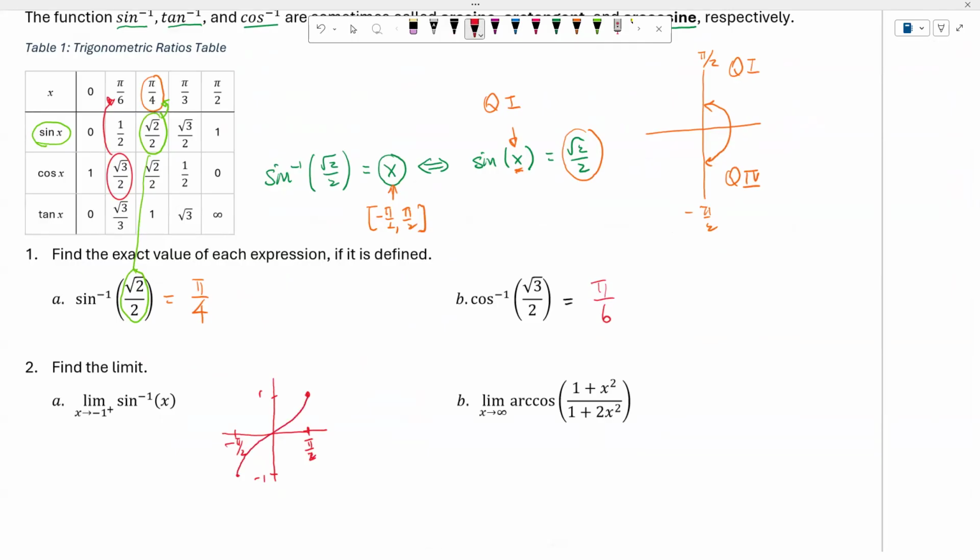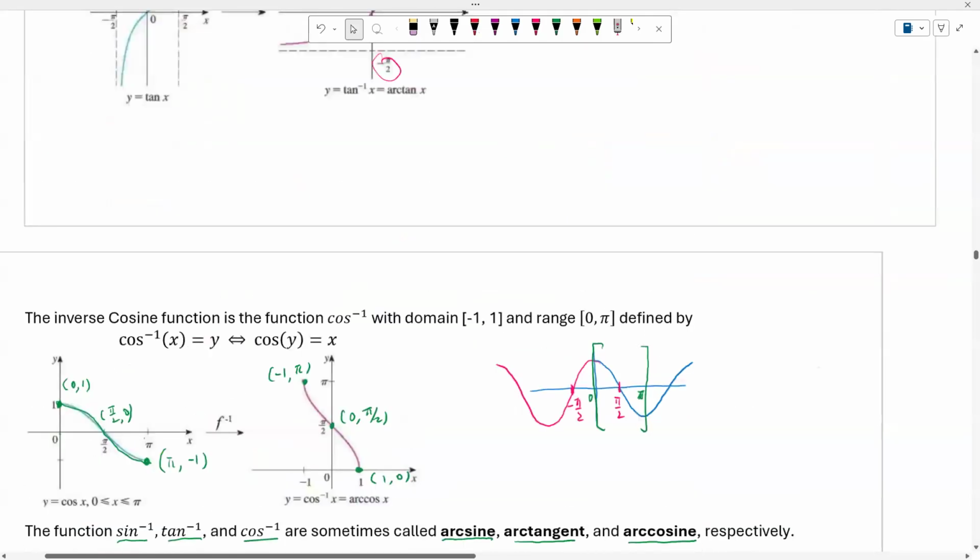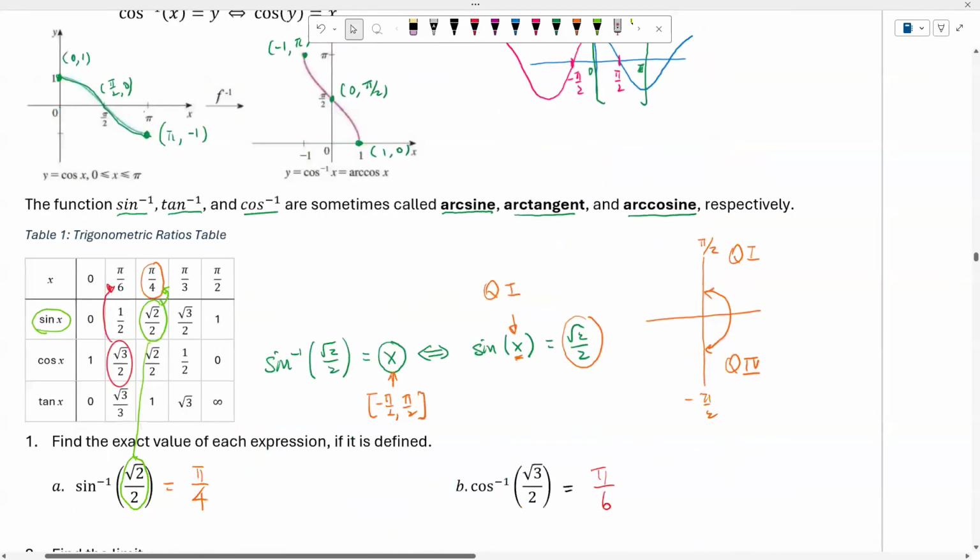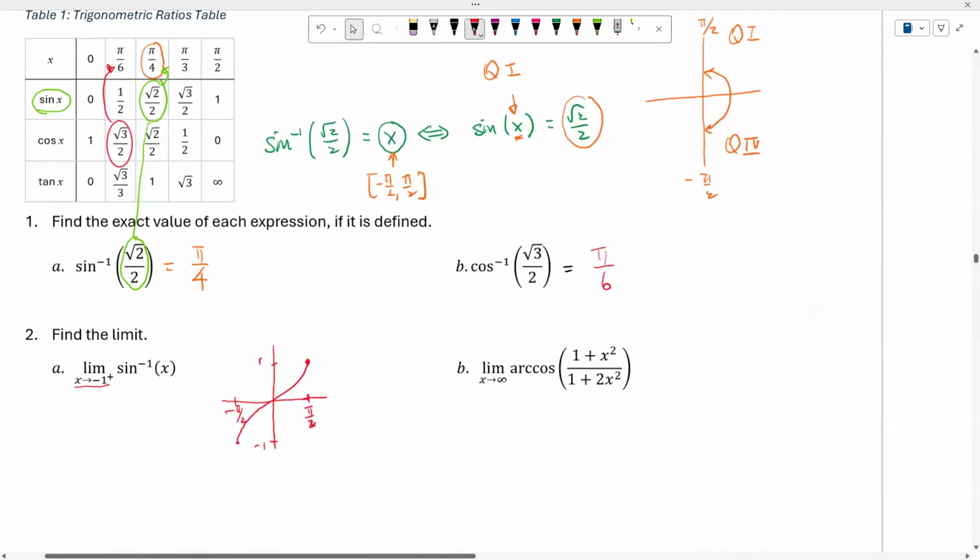Then now, as x approaches -1, I need to fix my graph.